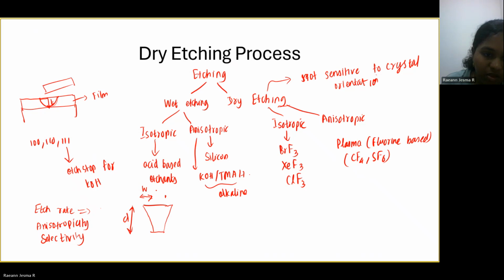Then in this case, your anisotropicity is given by 1 minus lateral etch by vertical etch.